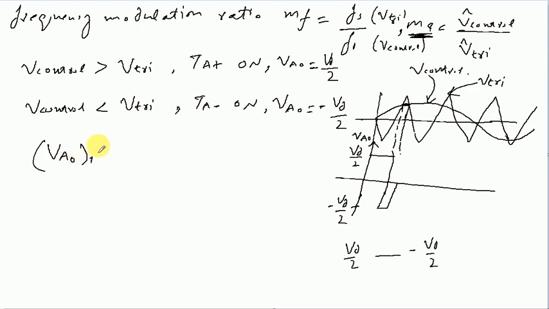As in the previous curves, the output voltage was represented by V_A0, and this one represents the fundamental component, and the hat sign over here represents the peak amplitude.